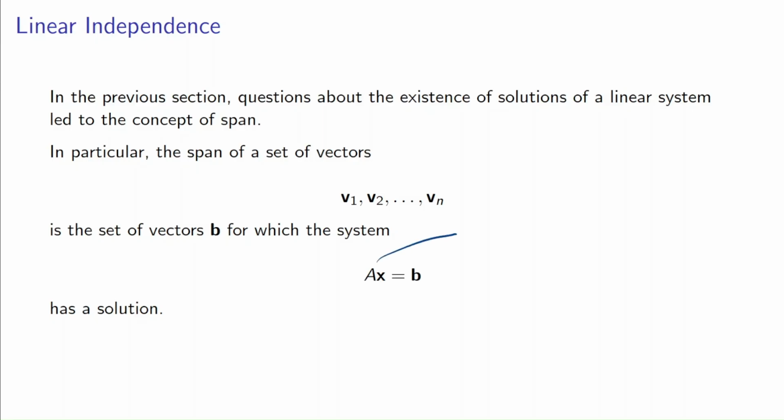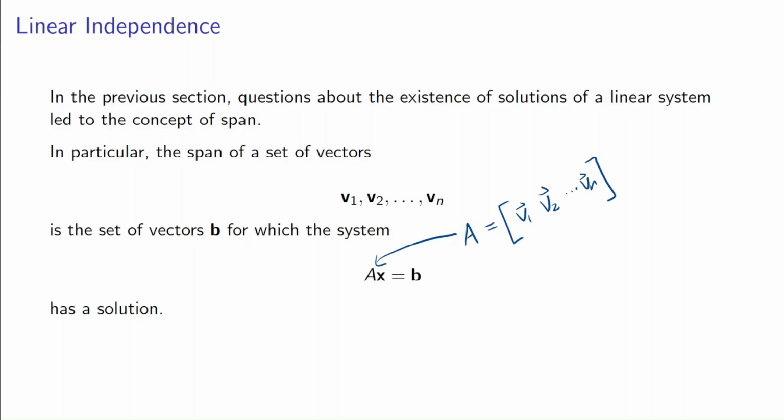And in particular here, we are talking about the matrix A consisting of the columns that are the vectors v1, v2 through vn. So if we have this matrix A with columns v1 through vn, and that equation Ax equals b has a solution, we say that any vectors that are solutions of that equation are in the span of the set of vectors.